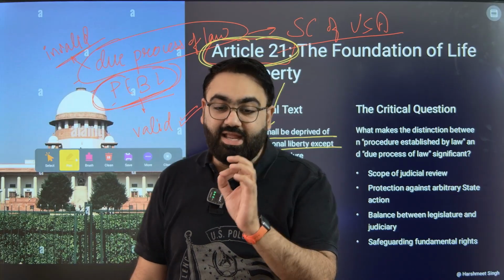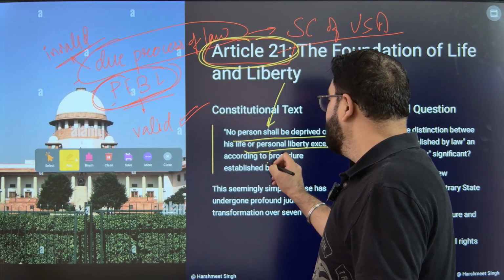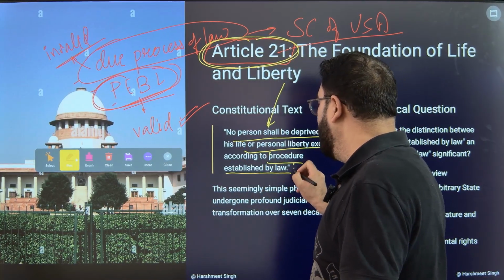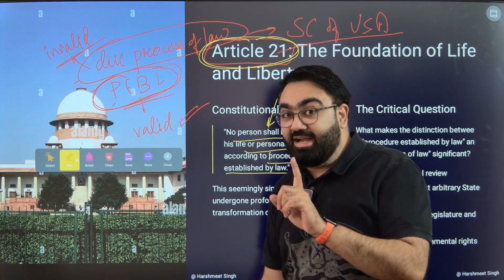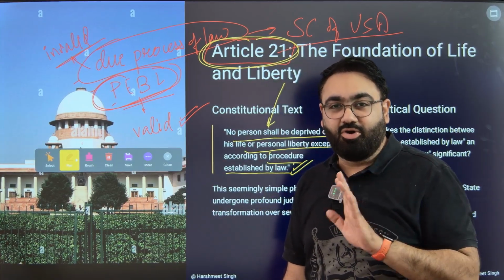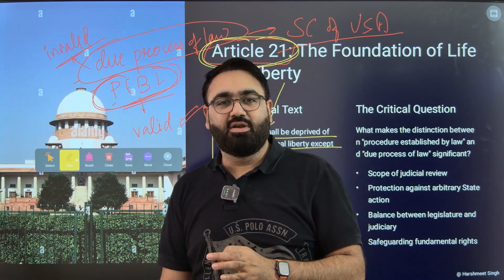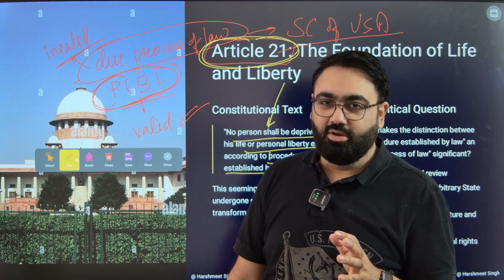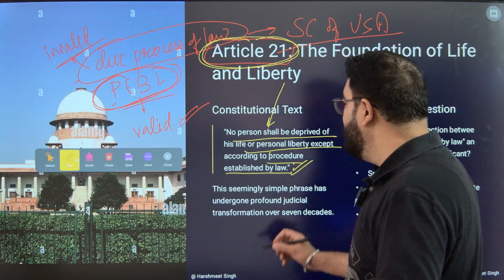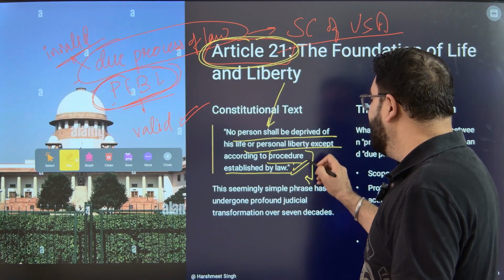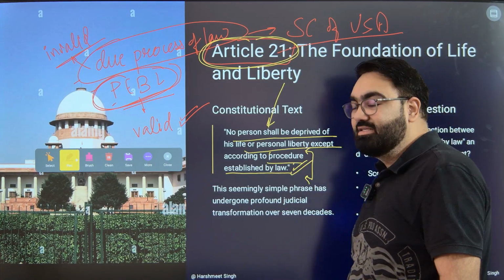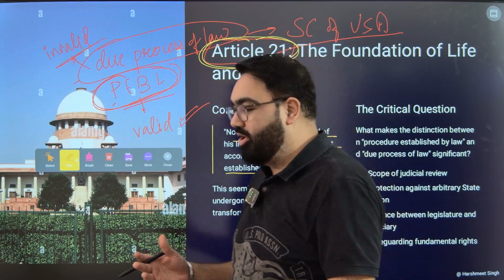Because that death sentence is as per the procedure established by law. They are not saying that it has to be under the due process of law. They are not saying it has to be just. They are only saying it has to be as per the procedure established by law. So Article 21 only recognizes the legality of the law. It doesn't look into whether the law is fair or not.